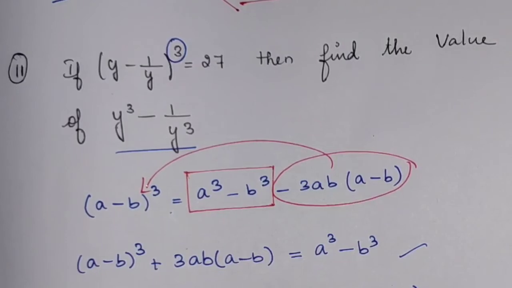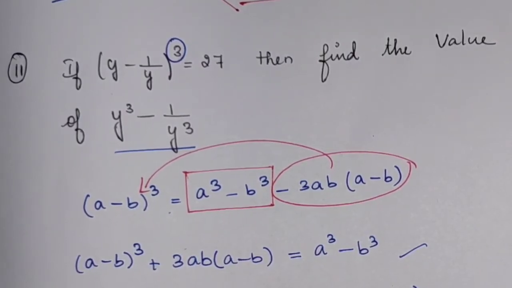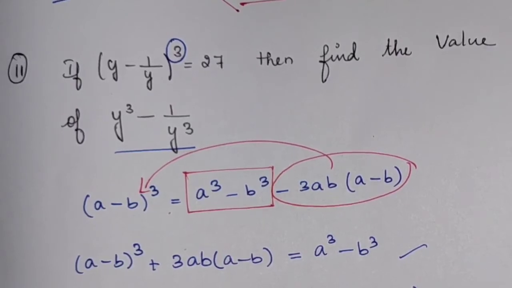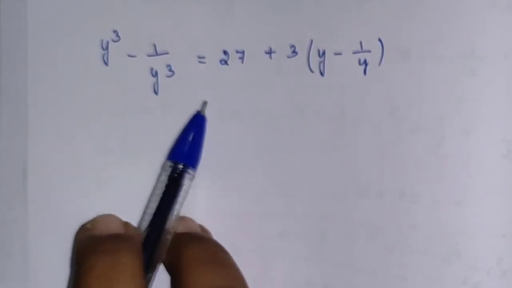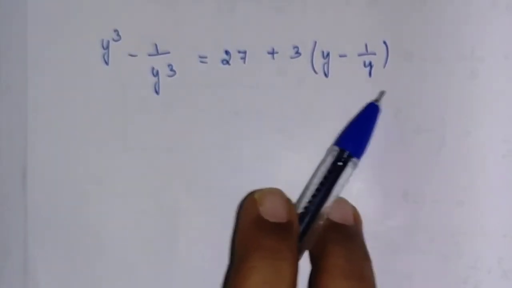So 27 plus, this y and y will get cancelled, 3 into y minus 1 by y. So y cube minus 1 by y cube is equal to 27 plus 3 into y minus 1 by y.